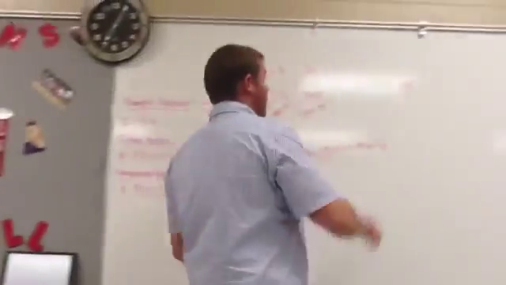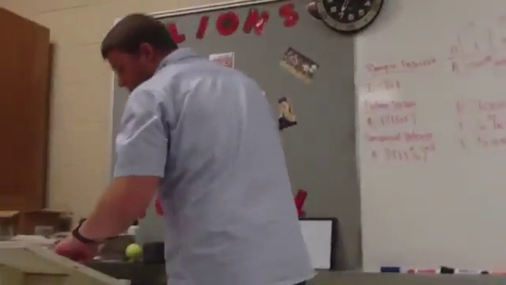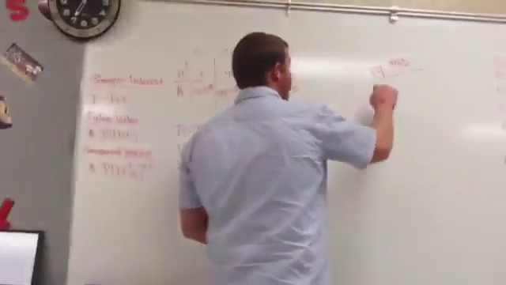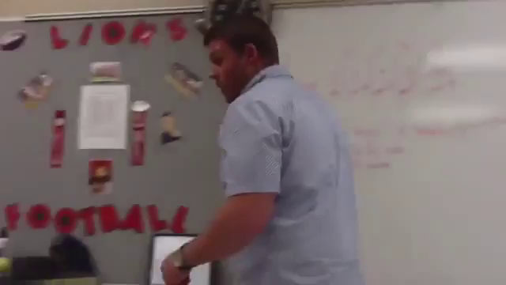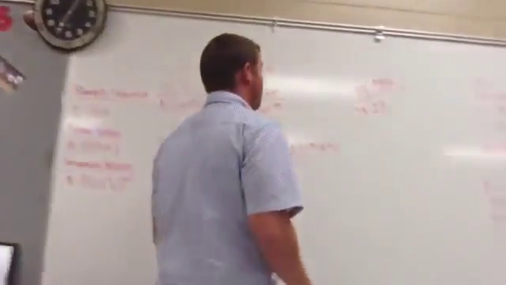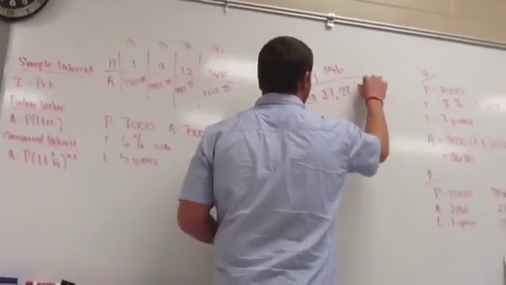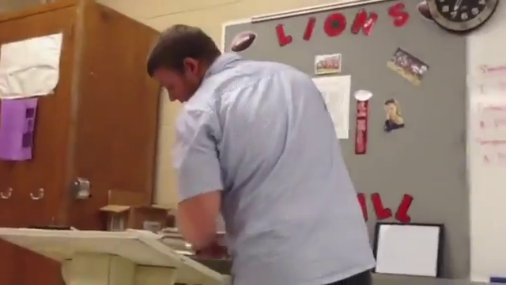So page 456, we're doing 24 through 27. 29 through 31. And we're doing 35 through 37.